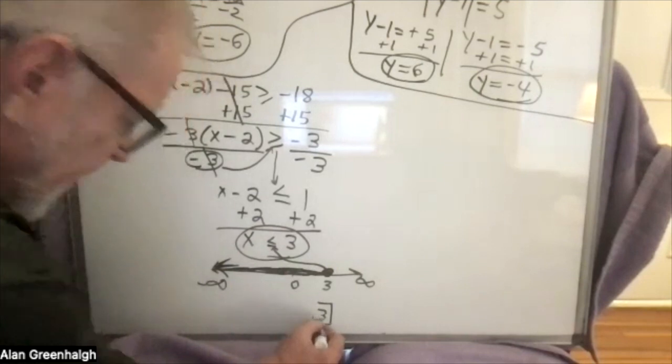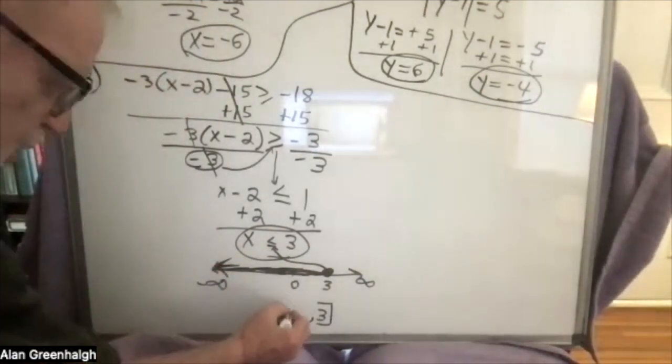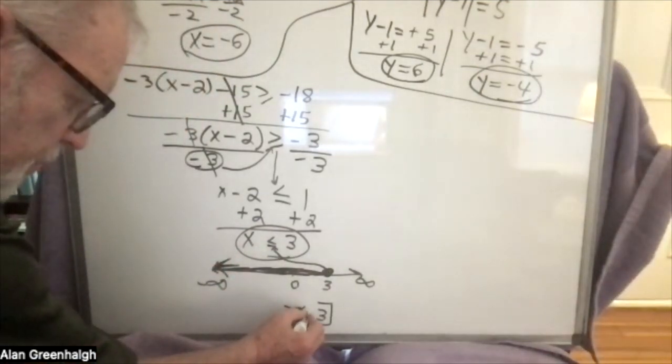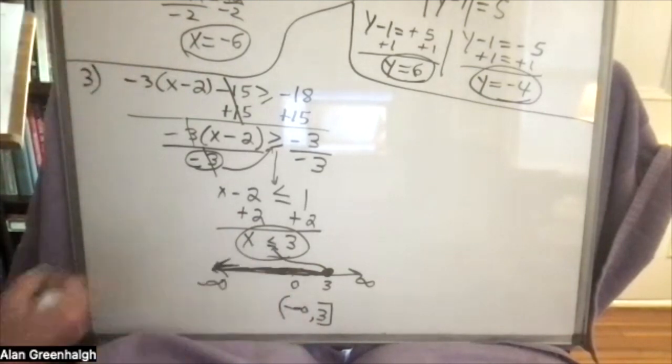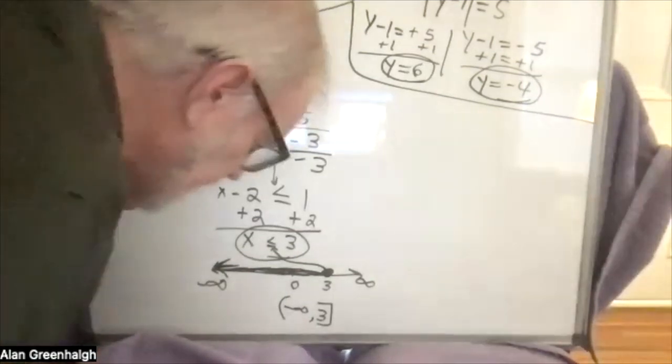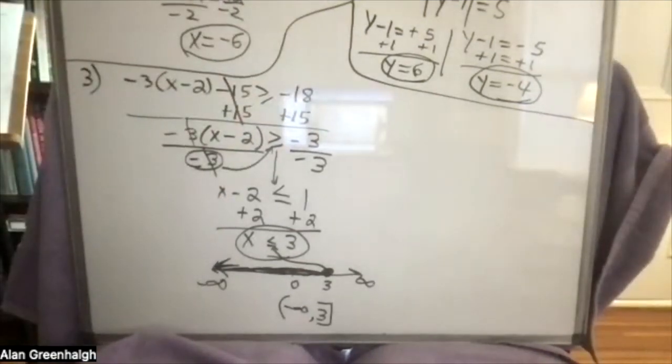And going in this direction to negative infinity, that will be parentheses. Infinity will always be parentheses, not brackets. And that's the complete problem.